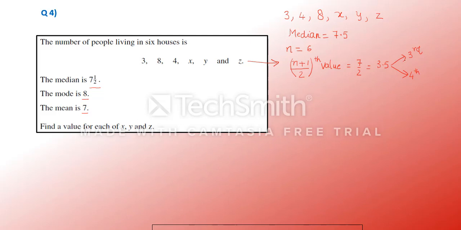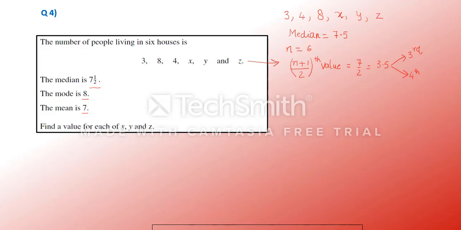Now remember, this needs to be done from the sorted data list. If we go back to the sorted data list, the value at the 3rd position is 8 and the value at the 4th position is x. With 8 and x, I will not be able to get the mean as 7.5 because, as per my assumption, this data is arranged in order.